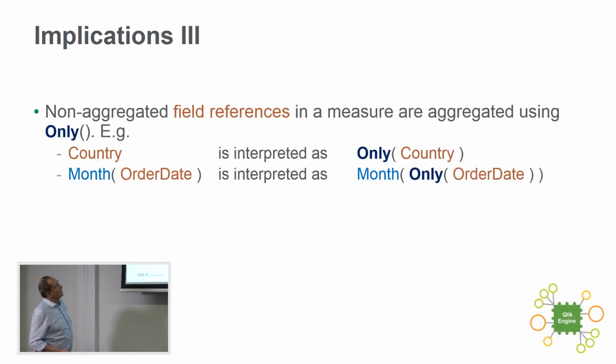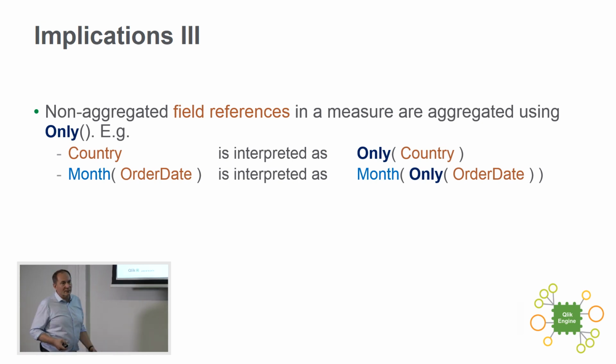And here we go now with the only function. If you don't wrap it in an aggregation function, then if you write country, that will be interpreted as only country. Meaning, if there are several countries possible, it will be null. And as I said, that's probably not what you want. Same thing with month of order date.